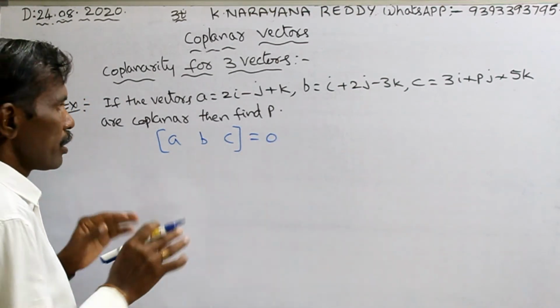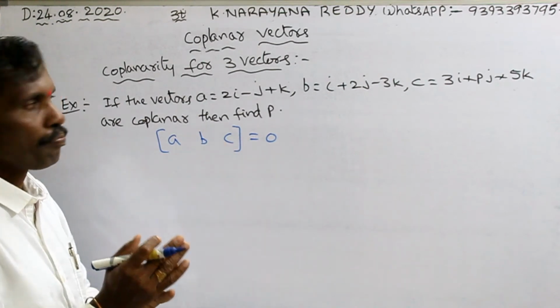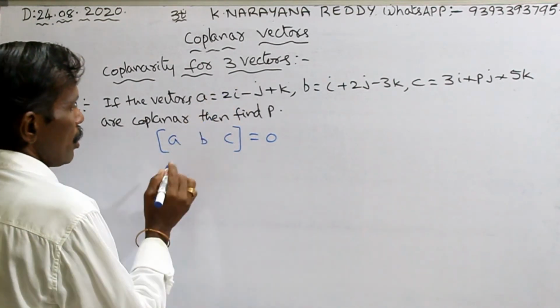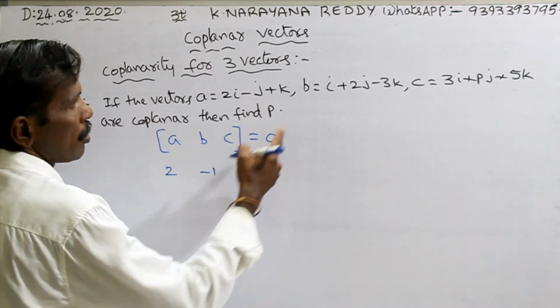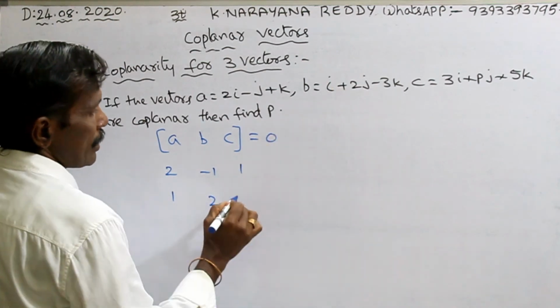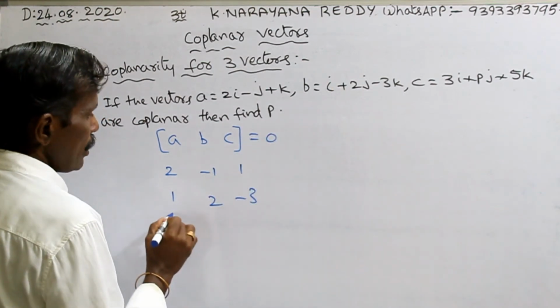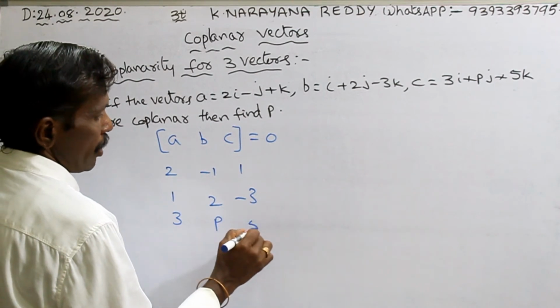Yes or not? That means the determinant of these terms equals 0. Now write this one: 2, minus 1, 1; 1, 2, minus 3; 3, p, 5.